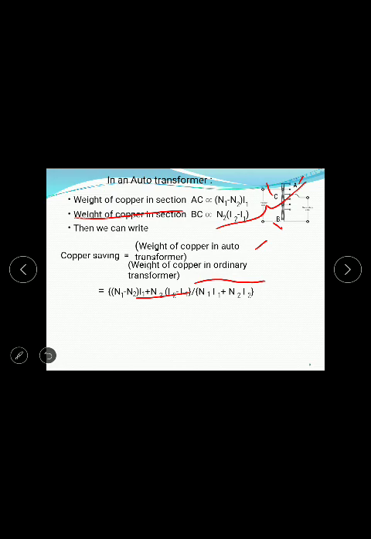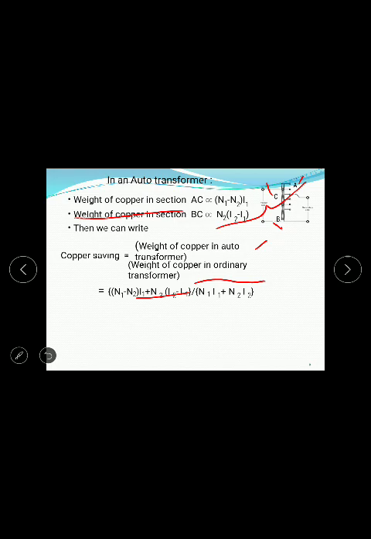Here the weight of copper in auto transformer is N1 minus N2 into I1 plus N2 into I2 minus I1. That is the total weight of copper in auto transformer, and the weight of copper in ordinary transformer, that is two winding transformer, is N1 I1 plus N2 I2.